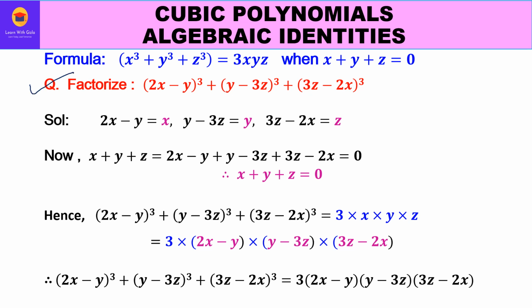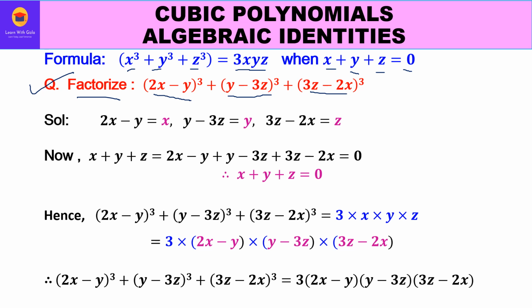Now in the question they say factorize (2x minus y) whole cube plus (y minus 3z) whole cube plus (3z minus 2x) whole cube. The formula says it is 3xyz only when x plus y plus z is 0.